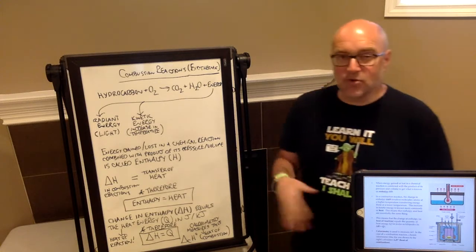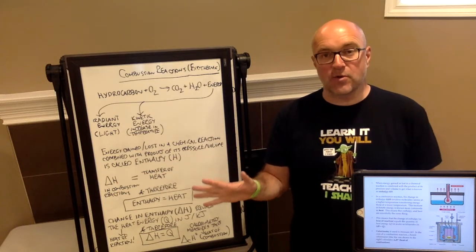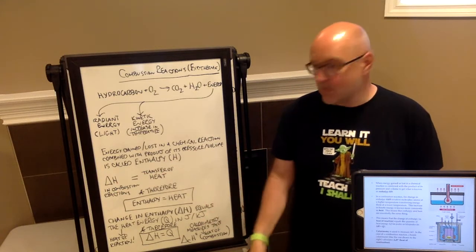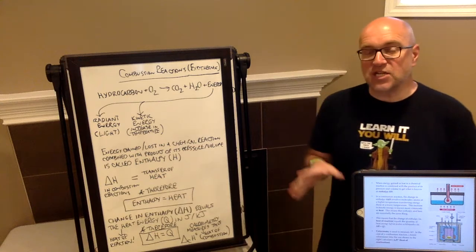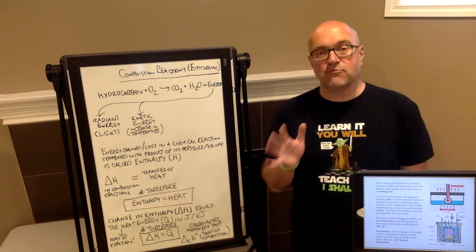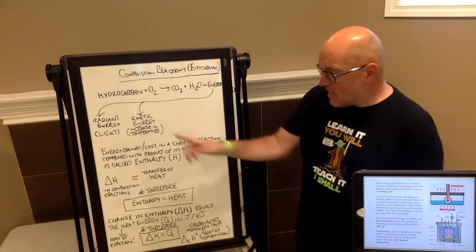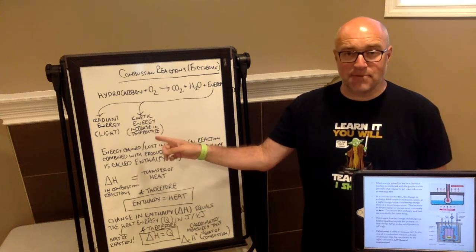First of all, anytime you've got delta, delta refers to a change in. So the change in enthalpy in a combustion reaction is essentially referring to the change in temperature.